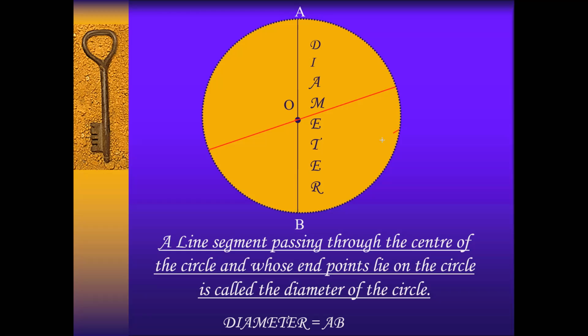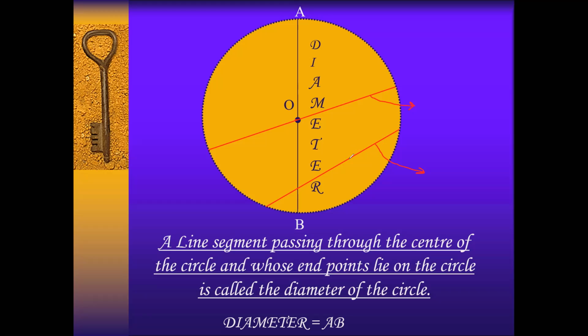If it does not pass through the center point like this, it would not be called a diameter. We will see in the next slide what we are going to call this line. But for a line to be a diameter, it has to pass through the center point.